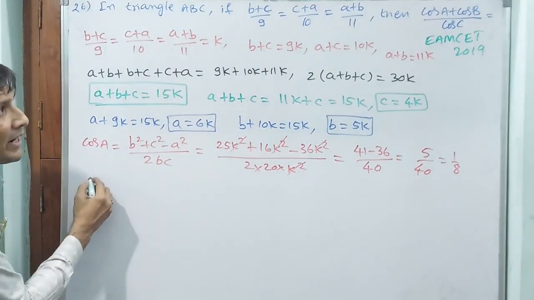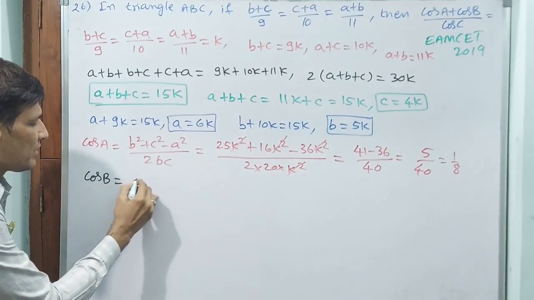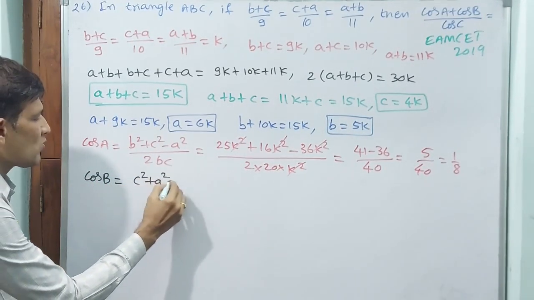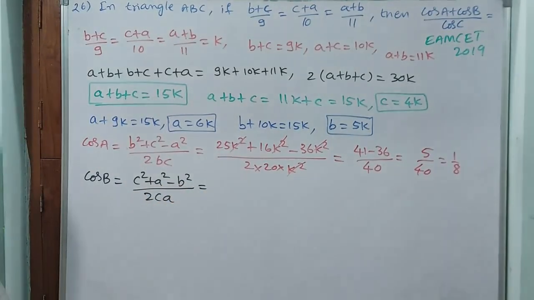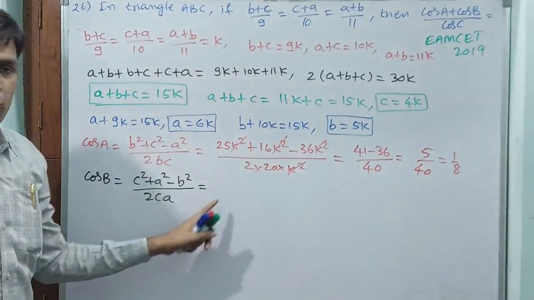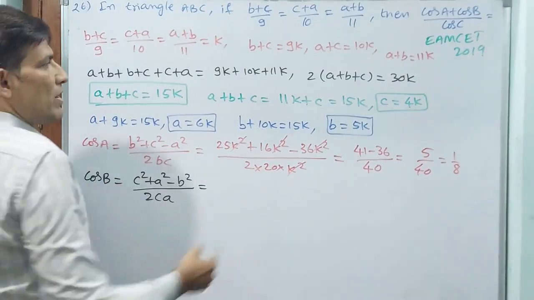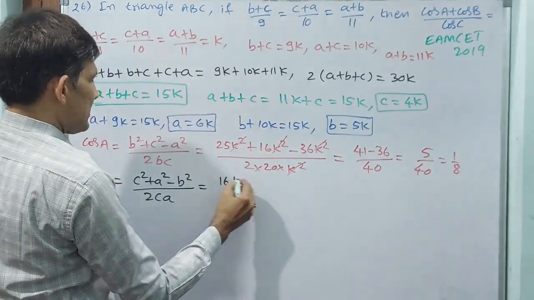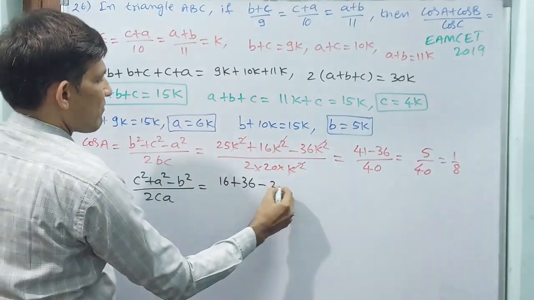Again I am finding cos B. Cos B means what? c² + a² - b² by 2ca. This time I am not writing k², because we know k² are going to get cancelled anyway. I am reducing the step. c² means 4² = 16, plus a² means 36, minus b² means 25.